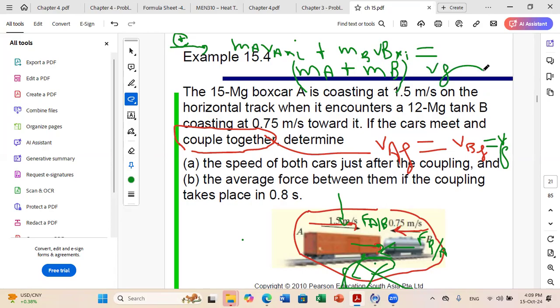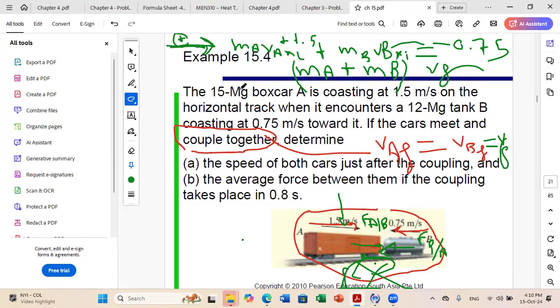Okay. And in this equation, please keep in mind, you need to substitute velocities by algebraic values. This means that because I selected the positive direction to the right, VA, I replace it by plus 1.5, while VB, I replace it by minus 0.75 because it's moving in the negative direction. And for masses, I replace in kilogram. You can, if you want, keep masses in megagram because they will cancel out. You use the same units for masses on both sides of your equation.